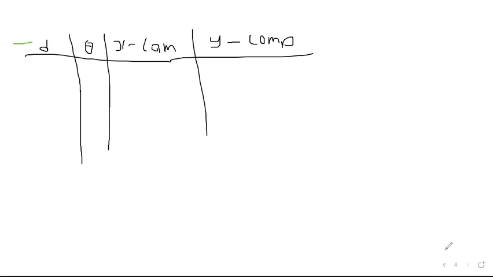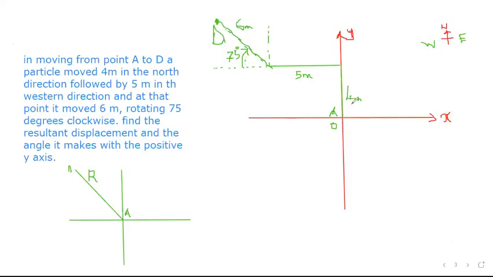So coming back to this, in the first part of this displacement, so it has three displacements. It moves from this point to that point in the northern direction, 4 meters. Then it moves 5 meters in the western direction. Then it moves 75 degrees measured clockwise, and at the end point, it moved 6 meters.